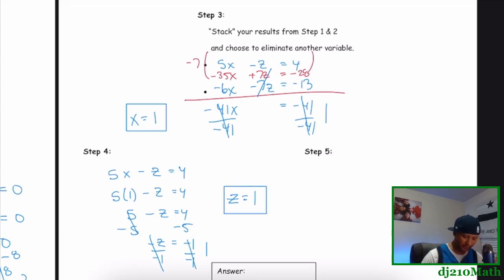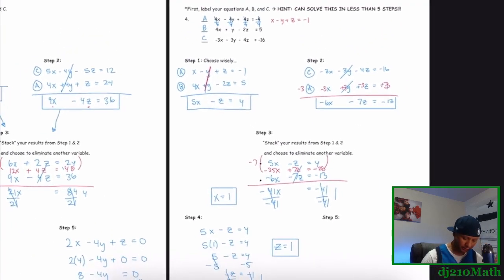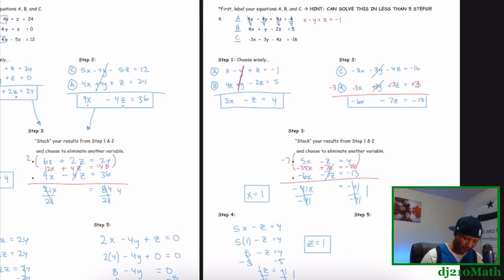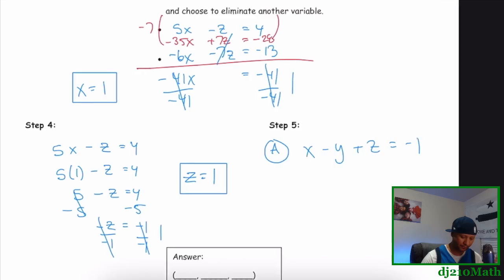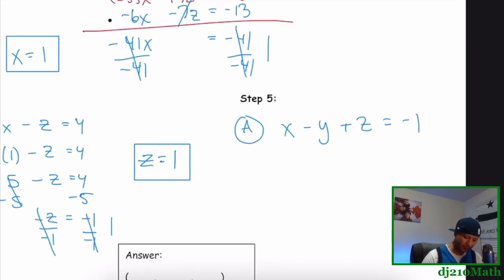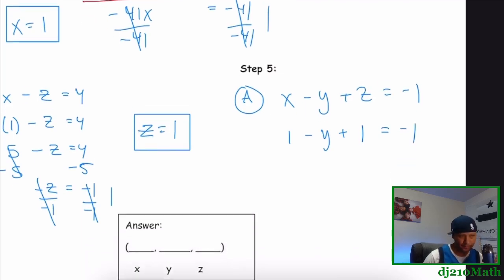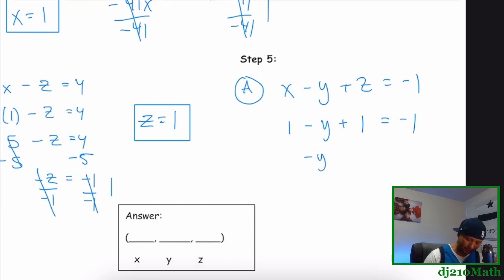So going back to the 3 originals, right, the OG ones, I'm going to choose A for sure. I'm choosing A because A is x minus y plus z is equal to negative 1. Right, so always choose the easiest one. So now we just plug in. X is equal to 1. Minus y plus z, which is 1, is equal to negative 1. Okay. Combining, we have negative y plus 2, right? 1 plus 1 is 2.